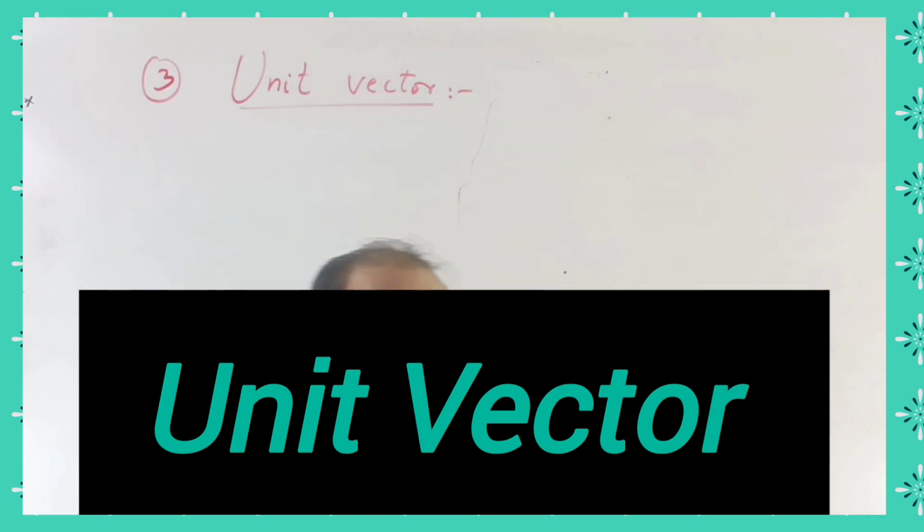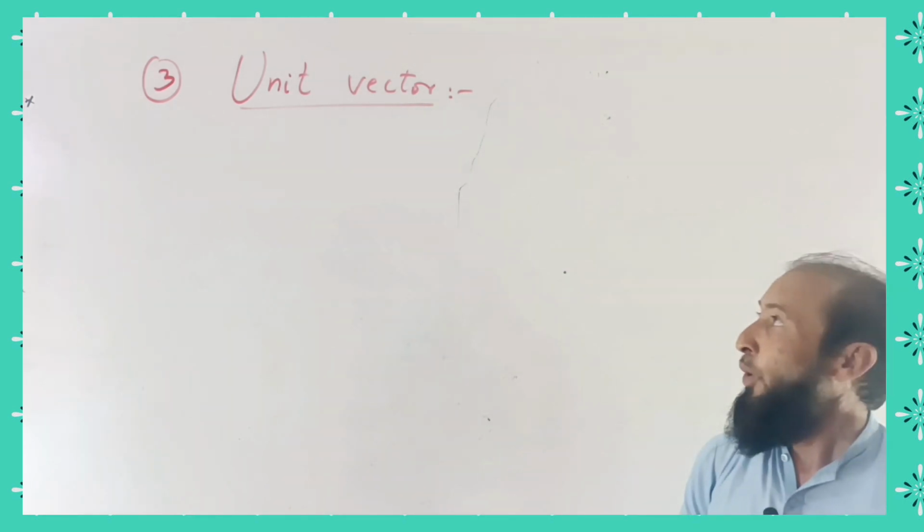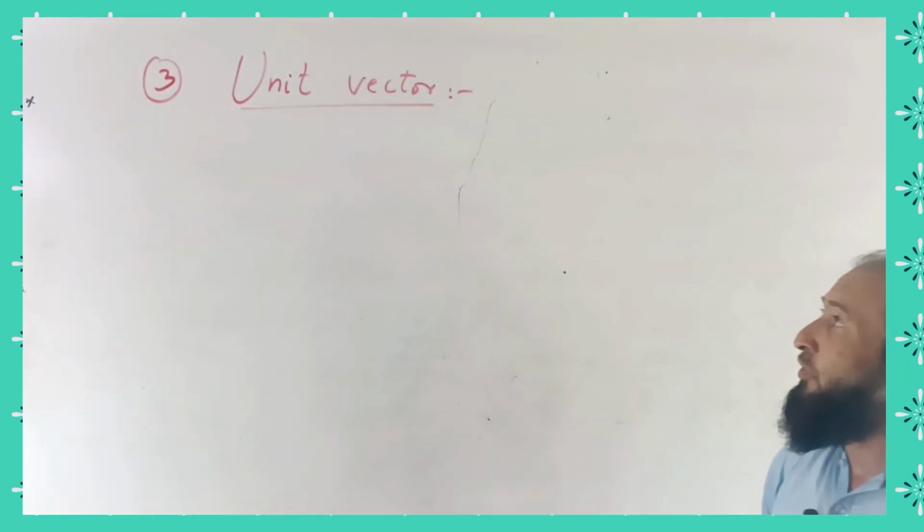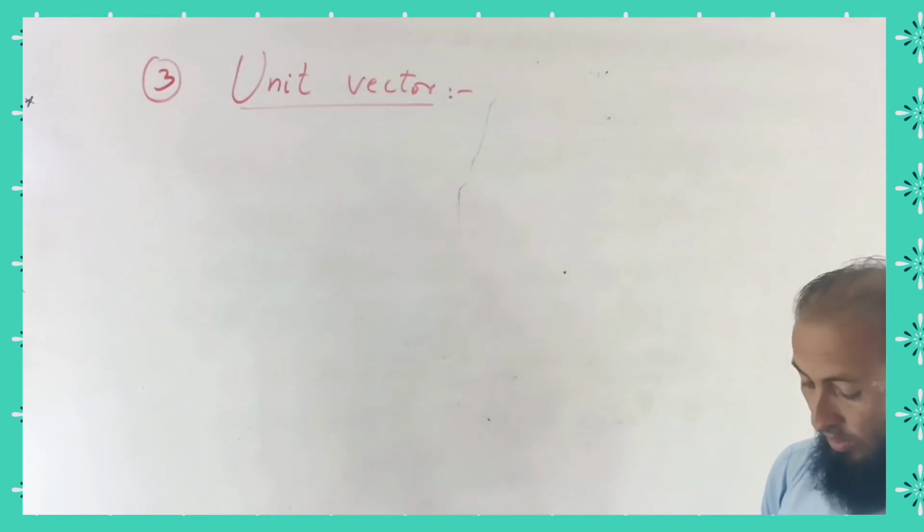Unit vectors are those type of vectors which have magnitude equal to 1. Magnitude, which we can also call length or norm, of the given vector is equal to 1.